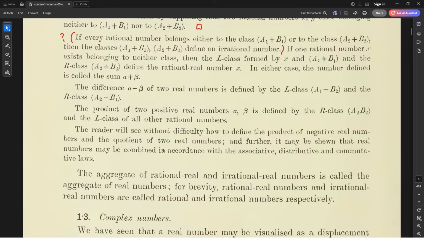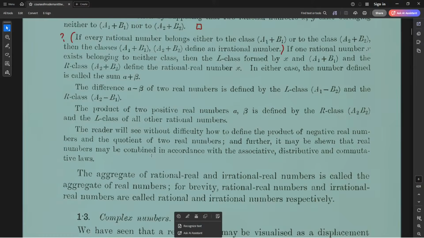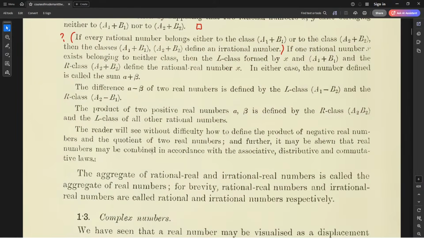And further, it may be shown that real numbers may be combined in accordance with, well, combined is not modern terminology. This means multiplication and addition satisfy the associative, distributive, and commutative laws. I wouldn't call it an issue, but rather an inconvenience of most analysis books.